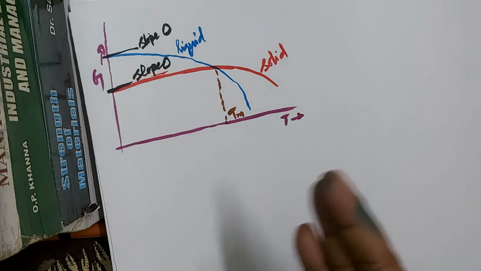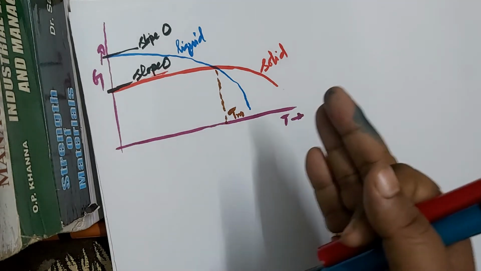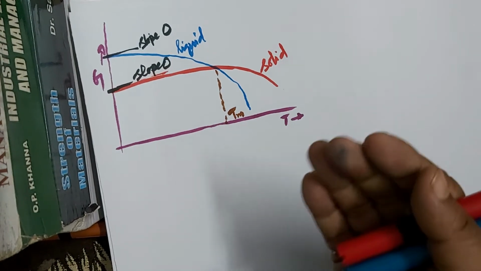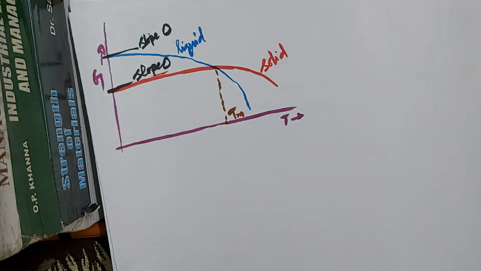After that melting point, the liquid state is in equilibrium, as it has less free energy. So the state of a matter depends on free energy.